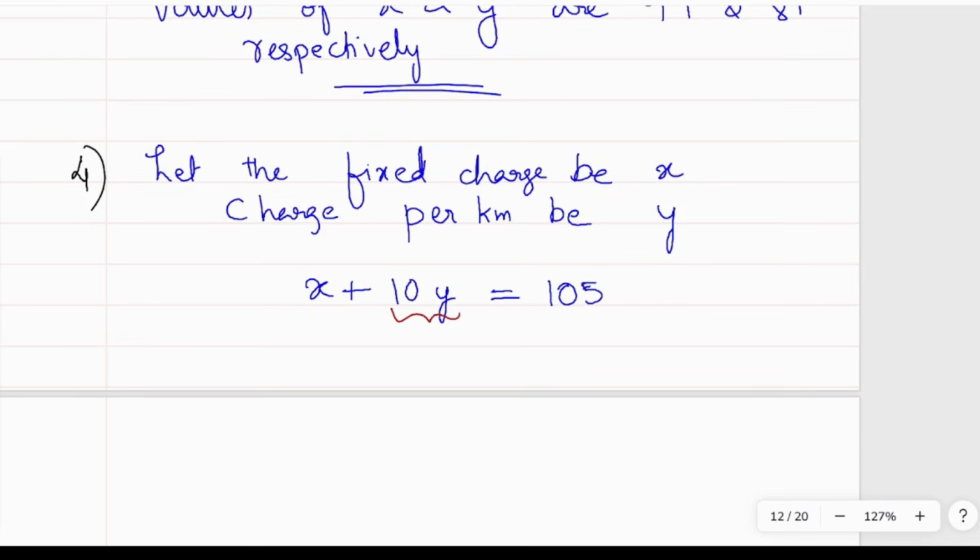Because they are telling that it is 10 kilometers. For 1 kilometer it is 1y, so for 10 kilometers we have to multiply by 10, and it becomes 10y. I'm going to give this one as equation number 1.